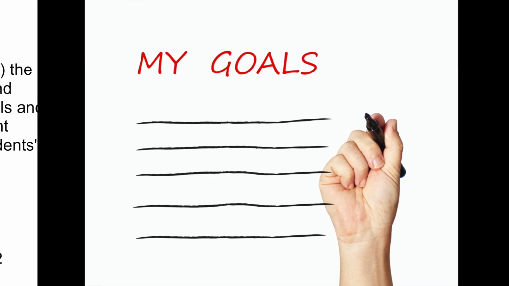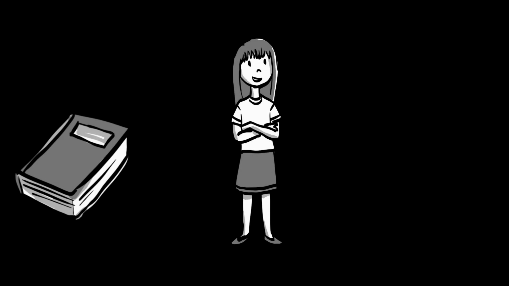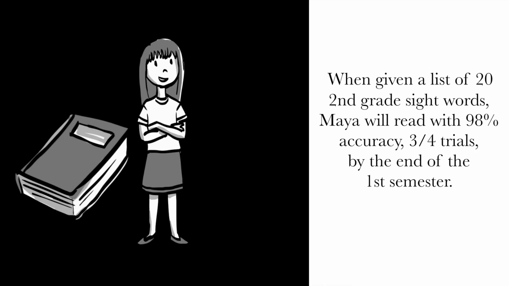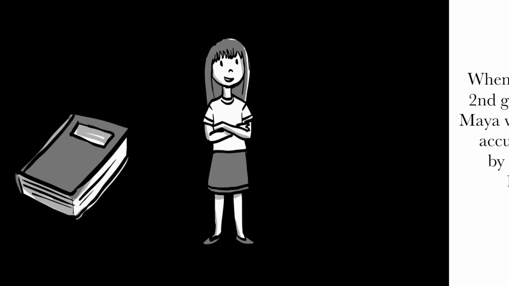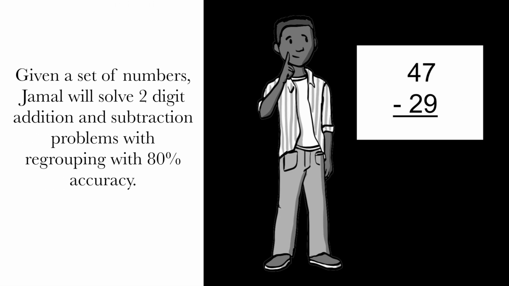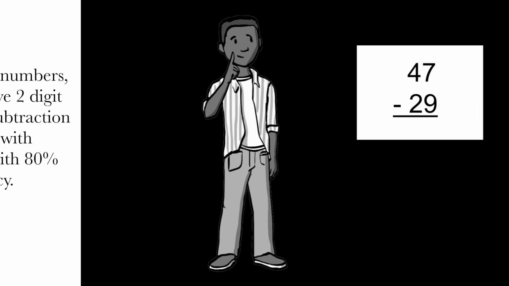level of performance. Examples of short-term goals are, in reading, when given a list of 20 second-grade sight words, Maya will accurately read with 98% accuracy 3 of 4 trials by the end of first semester. Mathematics. Given a set of numbers, Jamal will solve 2-digit addition and subtraction problems with regrouping with 80% accuracy.